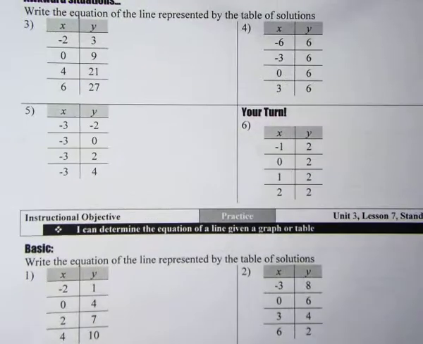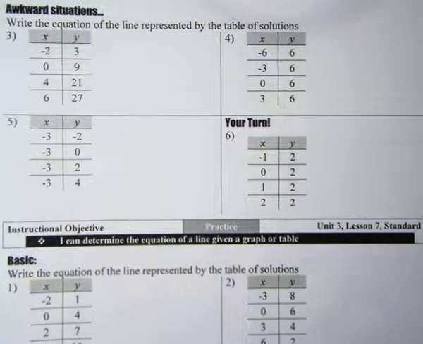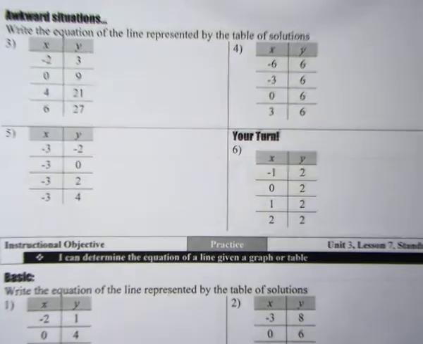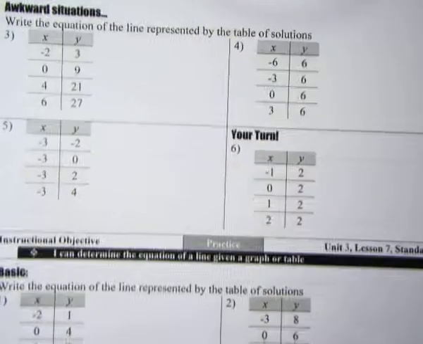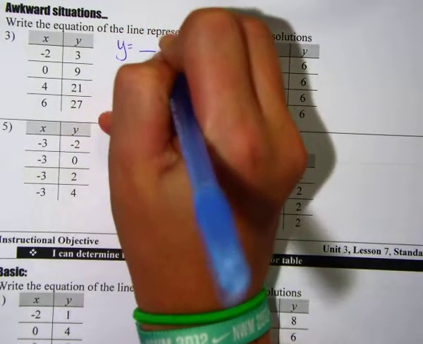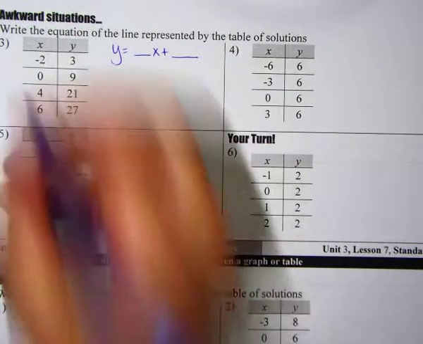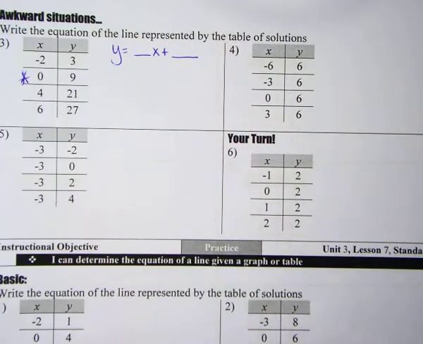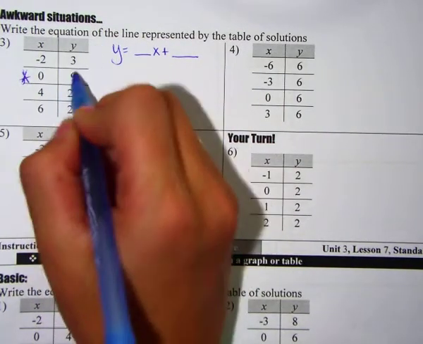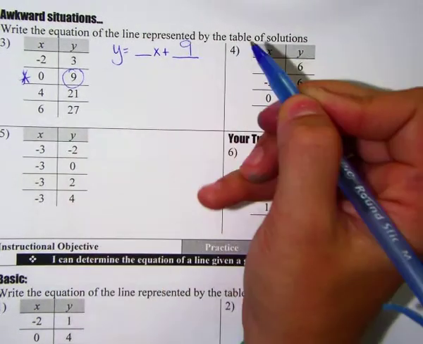Before you move on, I'm going to go over a couple of awkward situations. The first one, let's take a look. Write the equation, write the skeleton. Identify my y-intercept: 0, 9 is my y-intercept.